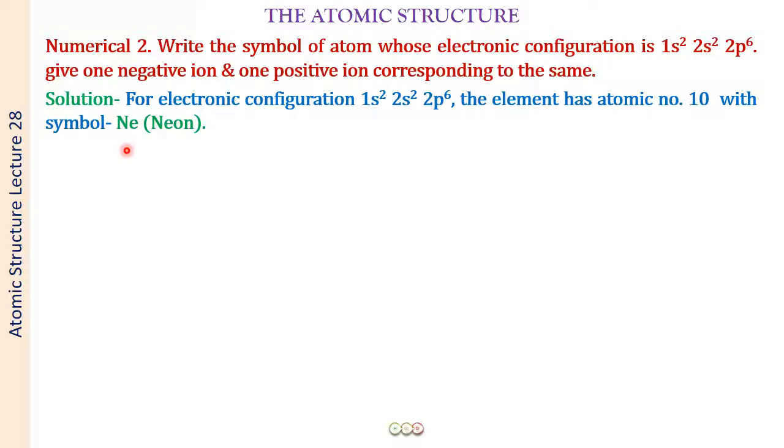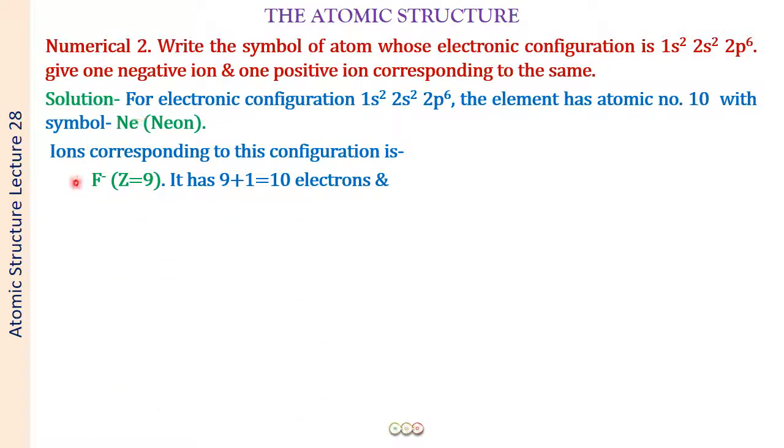These are going to be called isoelectronic species. The species which have the same number of electrons are called isoelectronic species. So we want to write the isoelectronic species of neon, one negative and one positive.